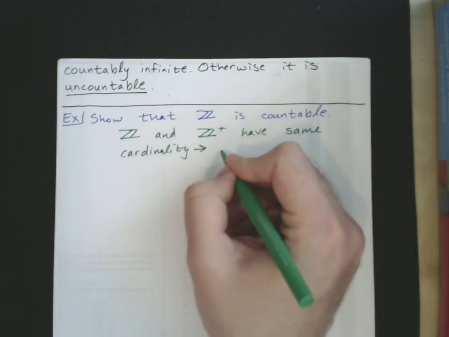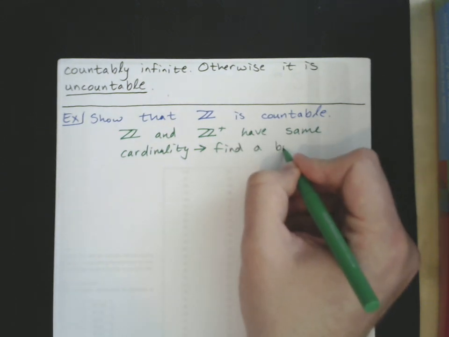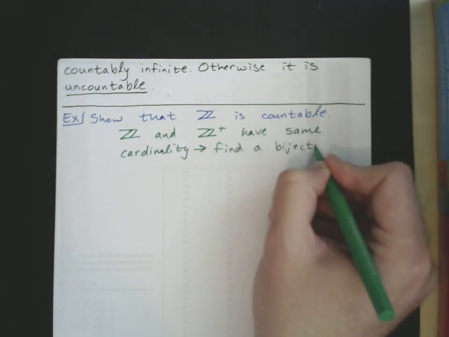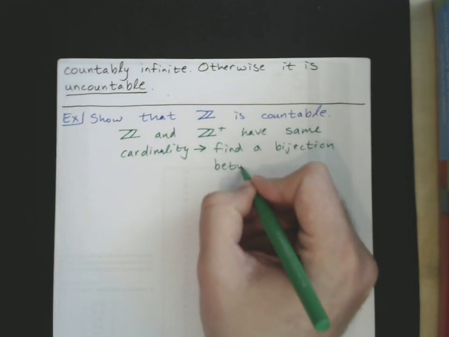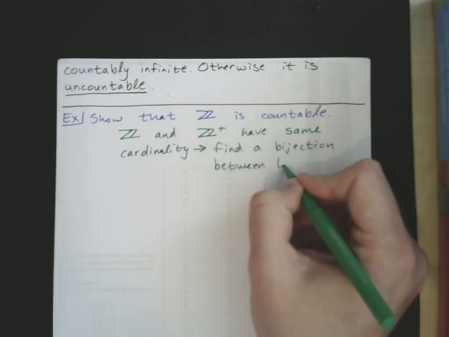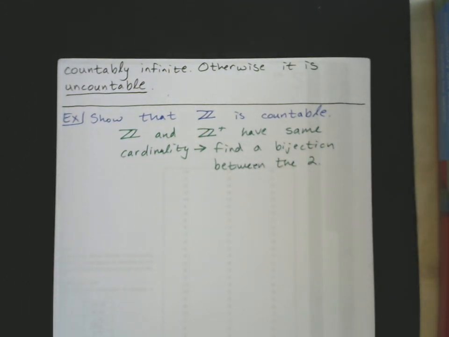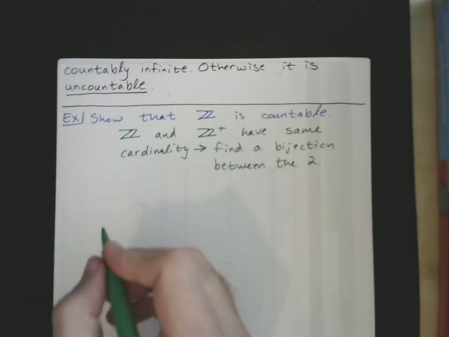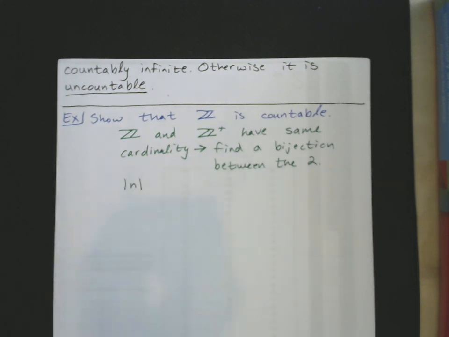Which just means find a bijection between the two. Now, a lot of people's first ideas here are to jump to the absolute value of n.